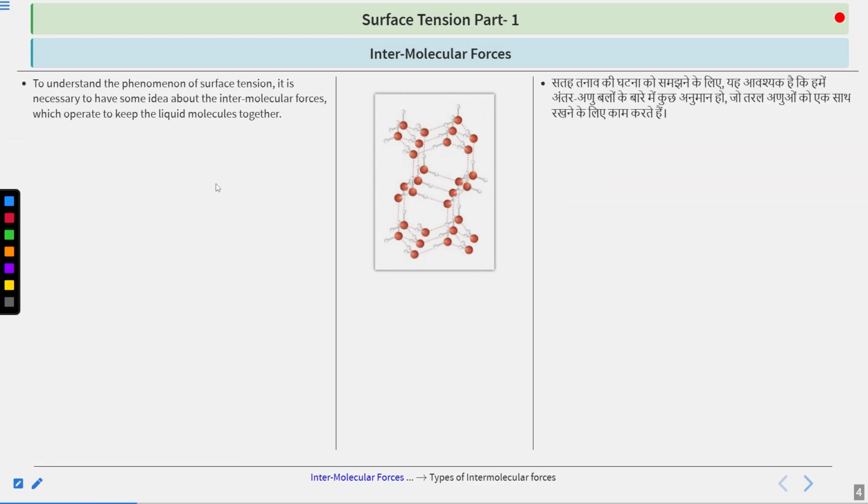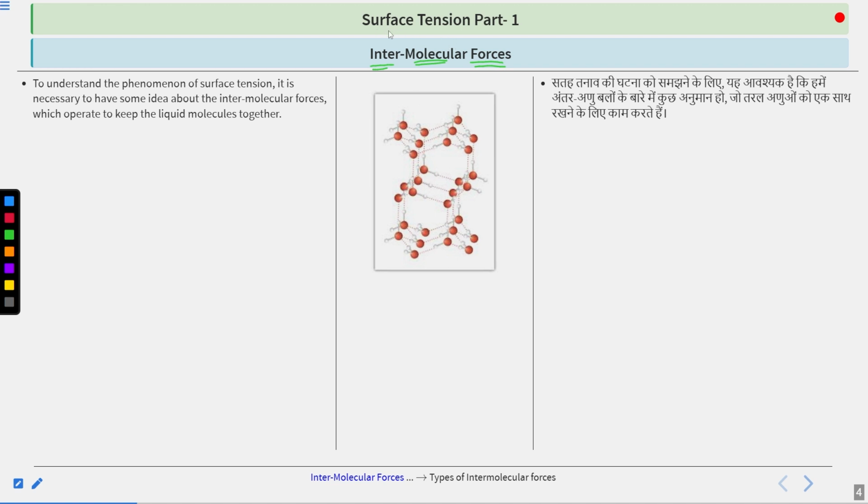Now, let's begin with the first topic, intermolecular forces. So, what do you mean by this? To understand the phenomenon of surface tension, it is necessary to have some idea about the intermolecular forces, which operate to keep the liquid molecules together.